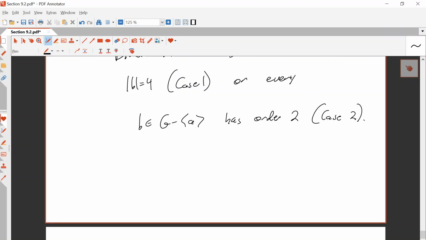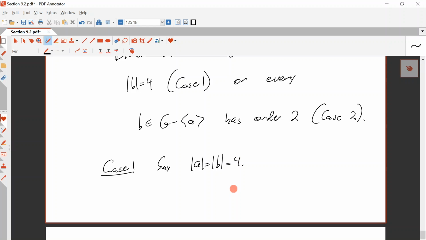Okay. So let's do case 1. All right, so say the order of A is equal to the order of B is equal to 4.